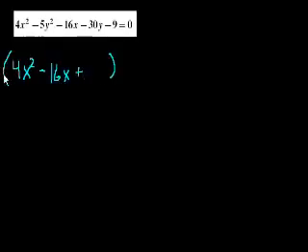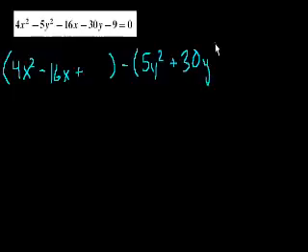So let's do that. Let's group the x and the y terms. So you get 4x squared minus 16x plus something, right? That's how we're going to complete the square. And then you get minus 5y squared. And then we have a minus here, so it becomes plus 30y.